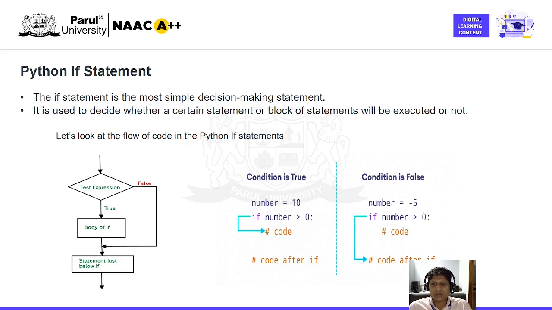In the if statement, our execution starts from the top and goes to the bottom. When a diamond box is there, you can see the flow diagram of the if statement. Once execution comes here, it tests the expression.